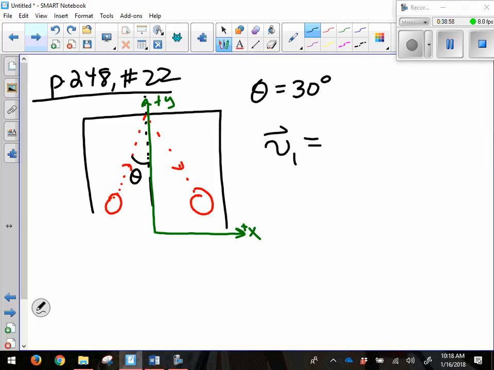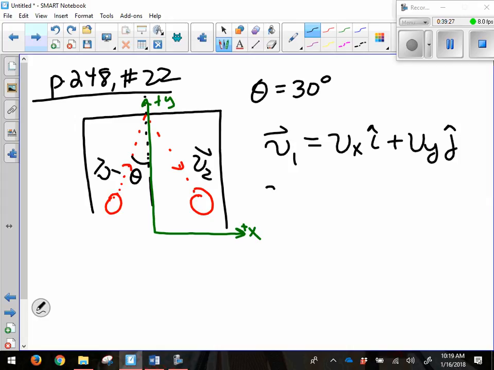How do I always write a velocity if I'm breaking it into unit vector components? I might say like Vx i plus what? I don't have the z component, so I don't have to worry about that. So this is going to be my V1.